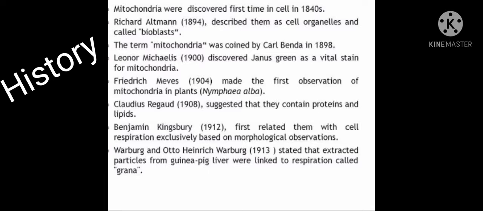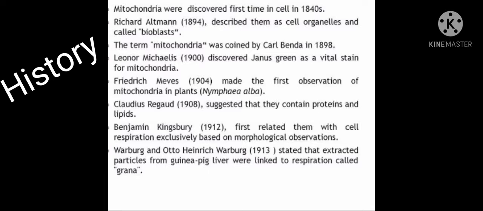Then Richard Altman in 1894 described the cell organelles and called them bioblasts. The term mitochondria was then coined by Carl Benda in 1898. Then Michaelis in the 19th century discovered the stain for the mitochondria, that is Janus green. Then Mewes in 1904 made the first observation of mitochondria in a plant, Nymphaea alba.